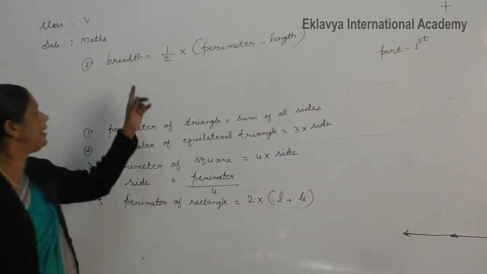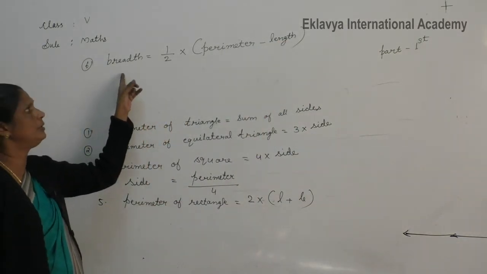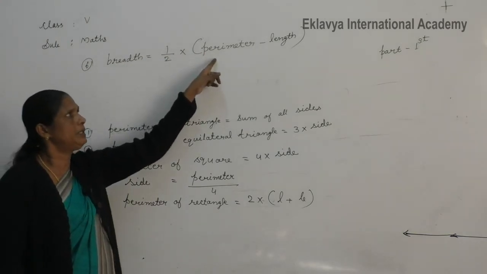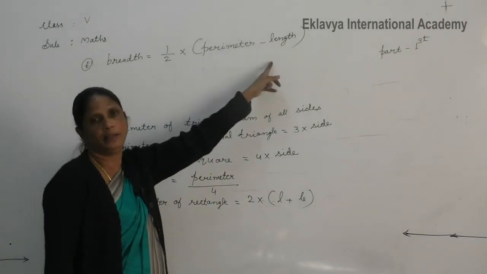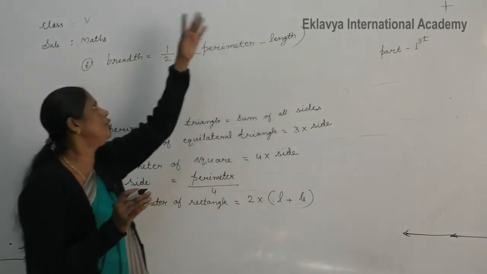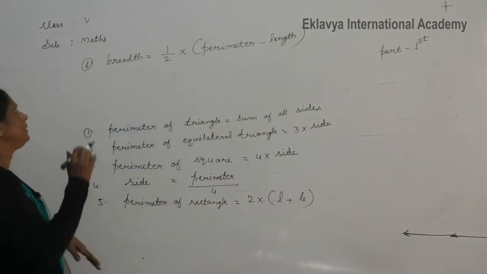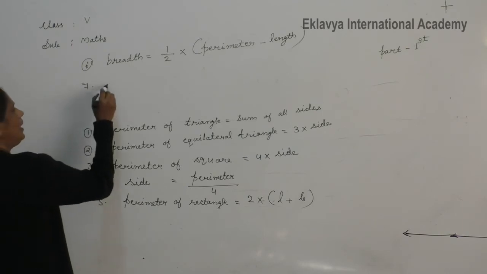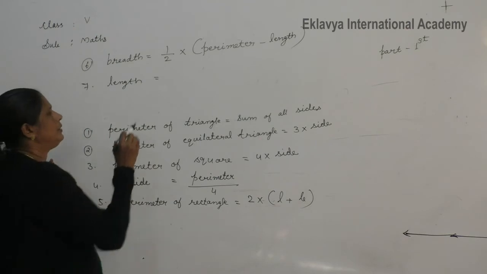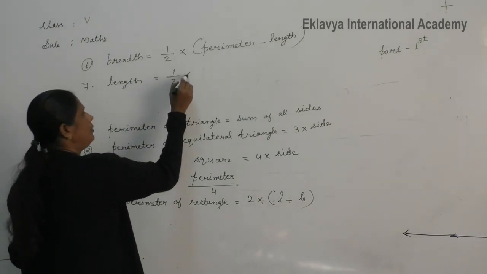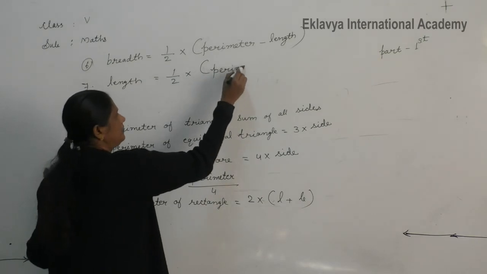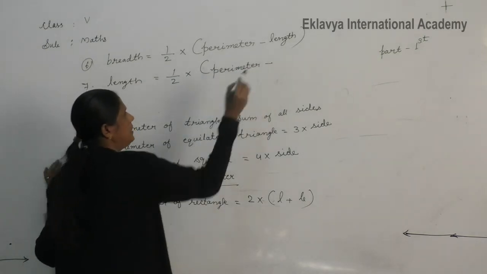Breadth is equal to 1/2 multiply (perimeter minus length). First you subtract the length from the perimeter, then you multiply by 1/2. Then 7, length is equal to 1/2 multiply (perimeter minus breadth).